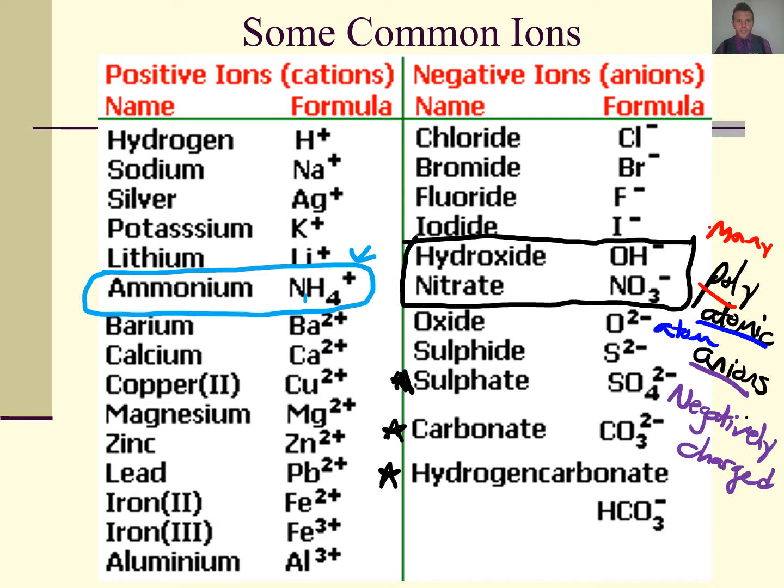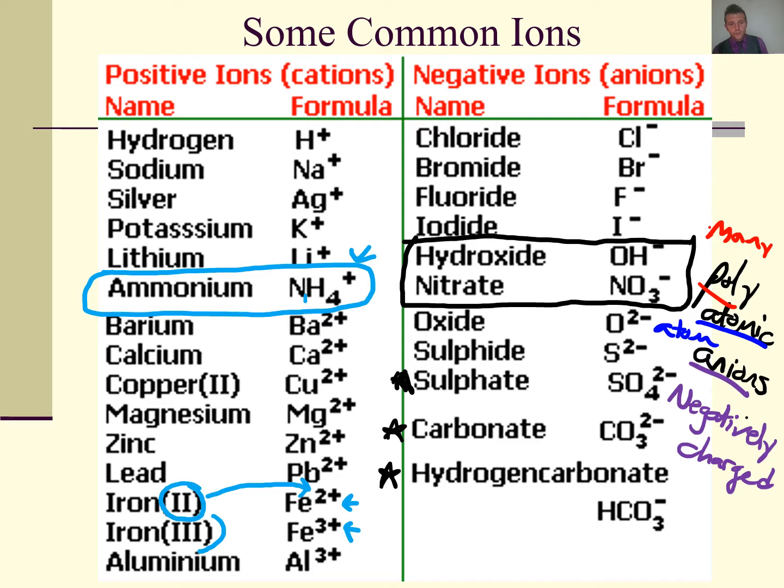Something else that is going to be worth noting, and I'll practice this with you guys a lot, so don't worry, this is something we're going to focus on, is sometimes things can have different charges. So for example, iron can have 2 different charges, and when that's the case, we will tell you what the charge is. Iron 2 just means it's positive 2.